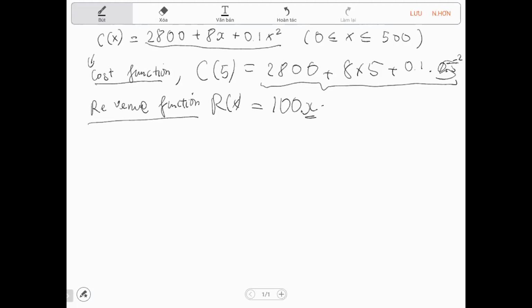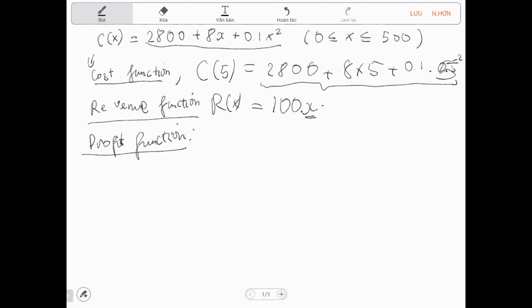Right. Now you need to use mathematics more in the real world. They ask you to find the profit function for the company. Clearly the profit is the money that you get from selling some product minus the cost that you need to pay, right?